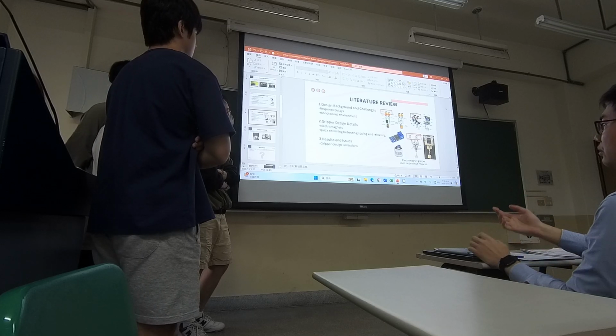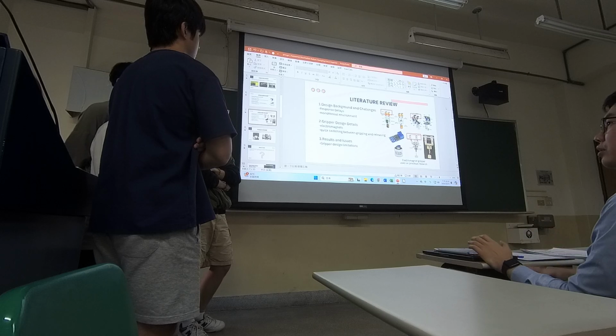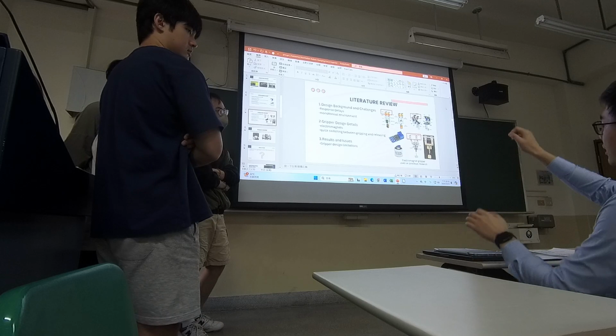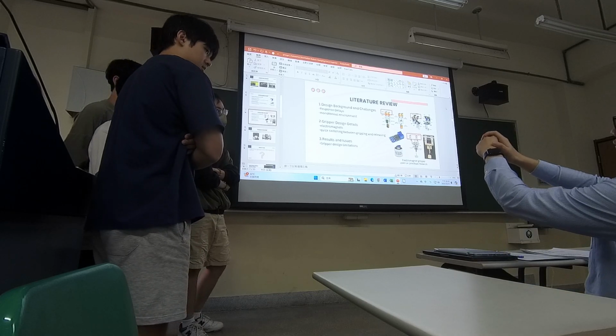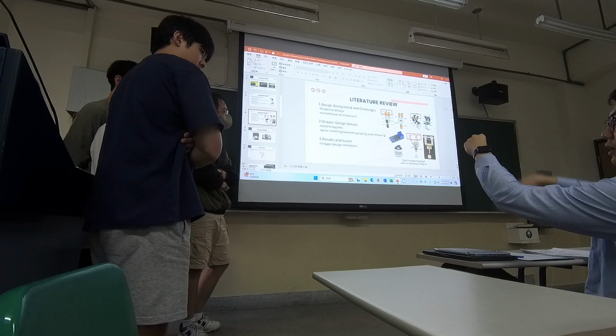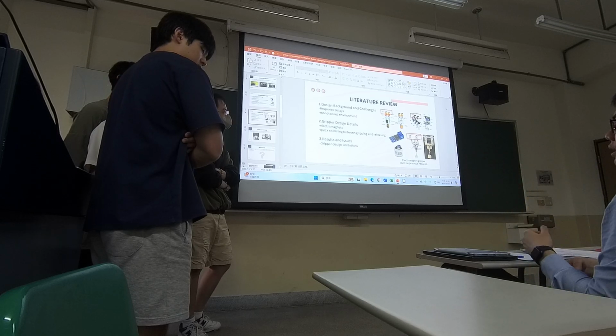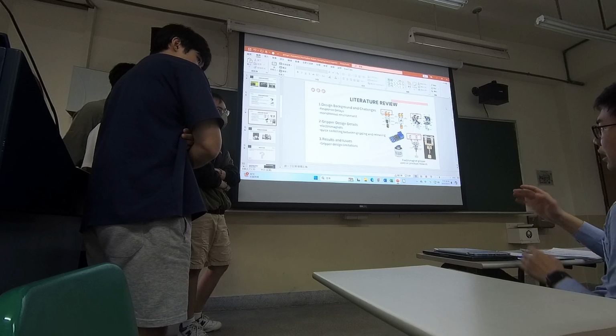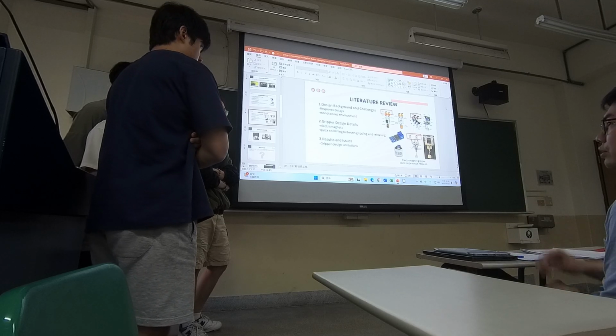Do you think your method can achieve quick switching? Because I know that you need to release fast enough against the gravity force. So do you think your proposed solution can achieve the quick switching?